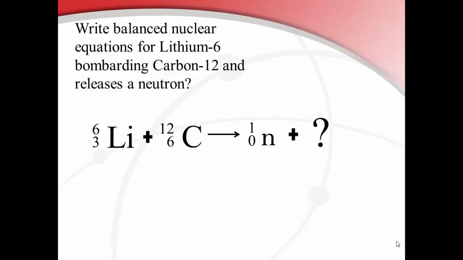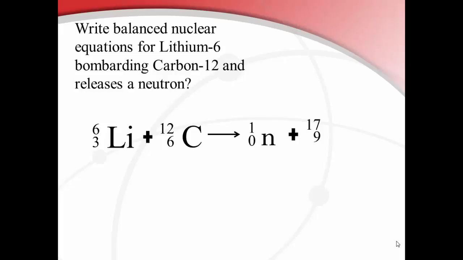Now the total mass on the reactant side is 6 plus 12, which is 18. That must equal 1 plus the number on the product side. So 18 equals 1 plus 17. 3 plus 6 on the reactant side must equal 0 plus a number. 3 plus 6 is 9, must equal 0 plus 9.